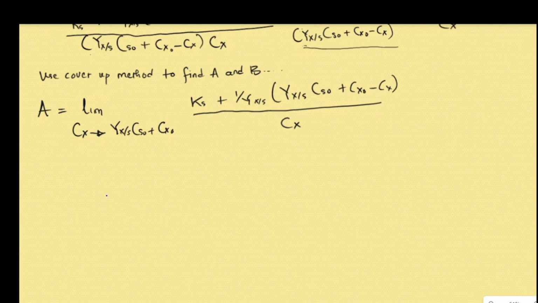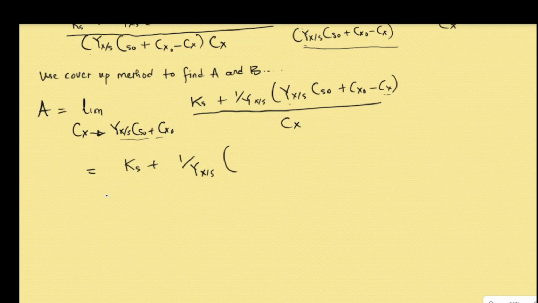So by the time we solve this partial fraction, what are we going to get? We'll get k of s plus 1 all over y x of s. And all you just need to do is to replace this particular one with this particular term. Anywhere you see c x, put y x of s c s naught plus c x naught.